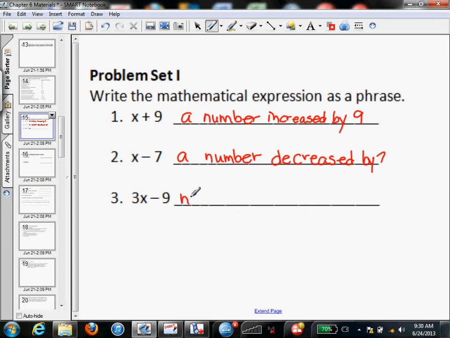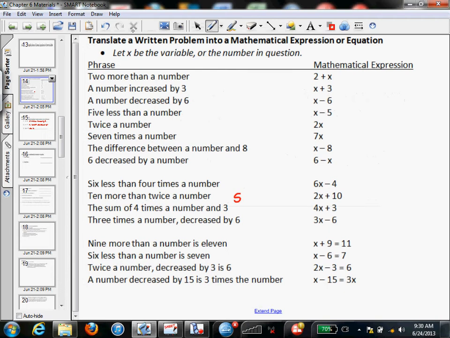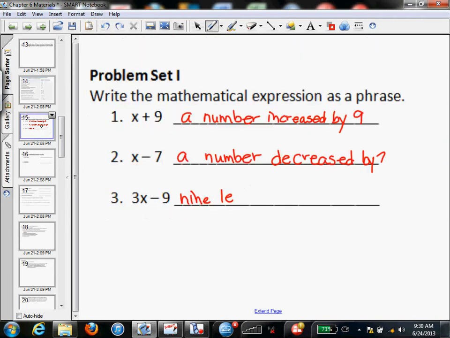So we could phrase this as 9 less than 3 times a number. 9 less than is saying that we're going to be subtracting 9. 3 times the number is saying 3 is going to be multiplying our variable.